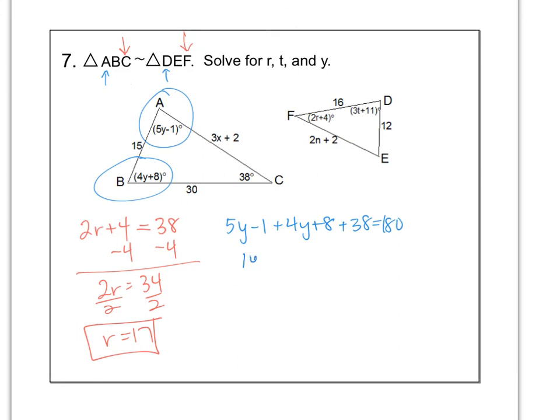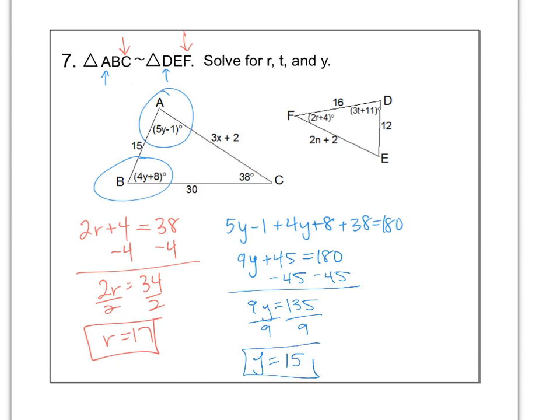So 9y plus 45 equals 180. Minus the 45. So we have 9y equals 135. Divide by 9. Y equals 15.